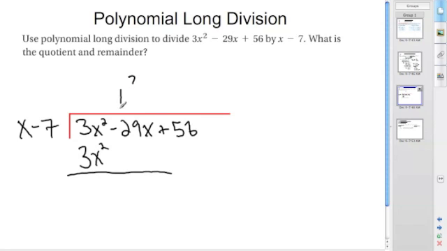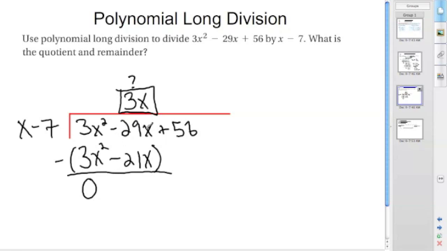So here's my box. What times x gives us 3x squared? The only thing is going to be 3x. So 3x times x is 3x squared. 3x times negative 7 is negative 21x. And we subtract, and we get 0.